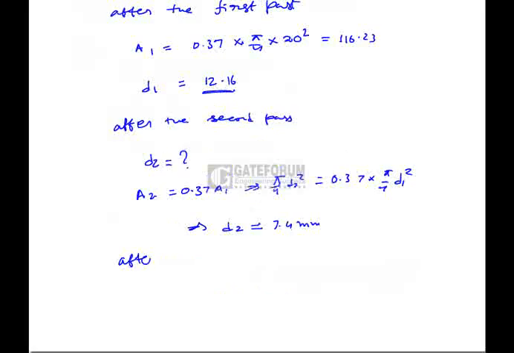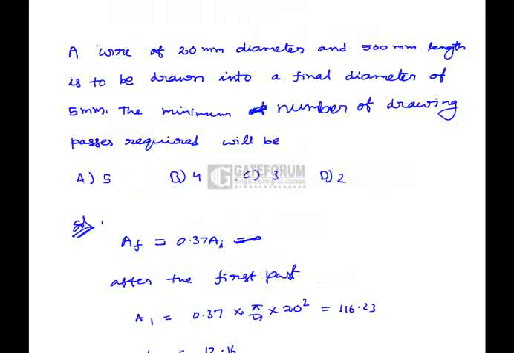After the third pass, D3 = √(0.37) × D2, which is 4.5 mm. It is less than 5 mm, so the minimum number of passes required is 3. So 3 passes are required to reduce to 5 mm. In the options, the correct option is C.